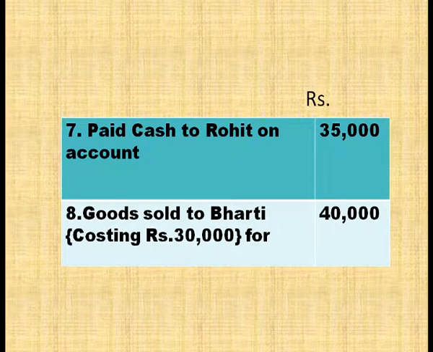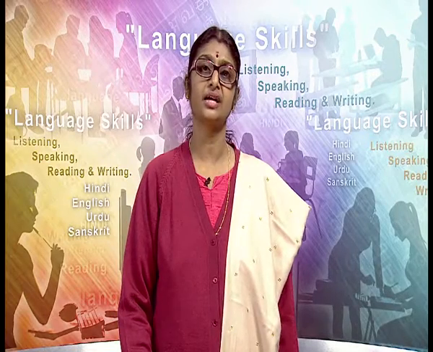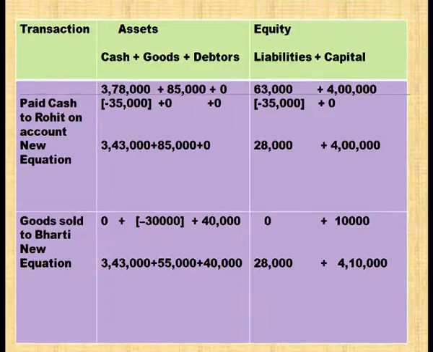Then paid cash to Rohit on account 35,000. Goods sold to Bharti, cost price 30,000. It is sold for 40,000. The effect of transaction in the accounting equation is like this. Paid cash to Rohit on account. Cash minus 35,000 is going from the business.